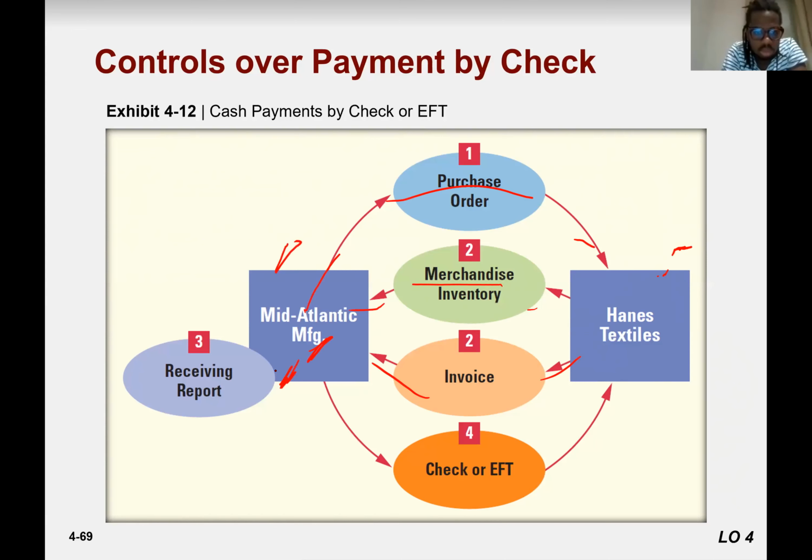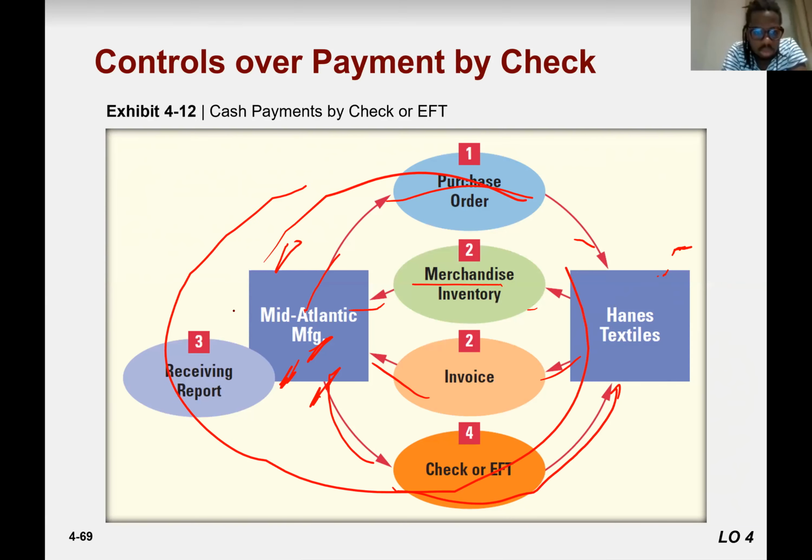So that is also a receiving report. It notifies the seller that you received the goods. Right? When you receive the goods, then payment is transferred or the check is going to be delivered. Right? So why do we have to follow these steps? So that the chances for fraud are minimized as much as possible.